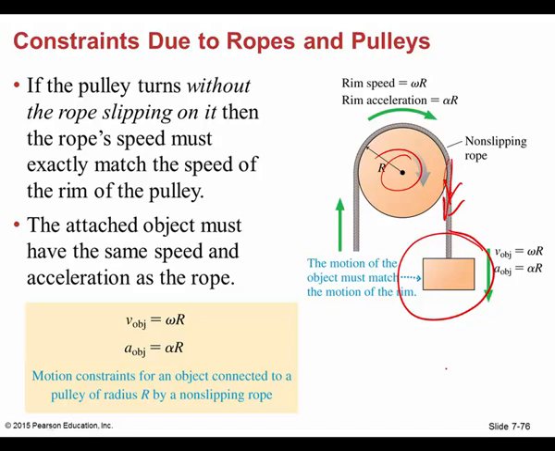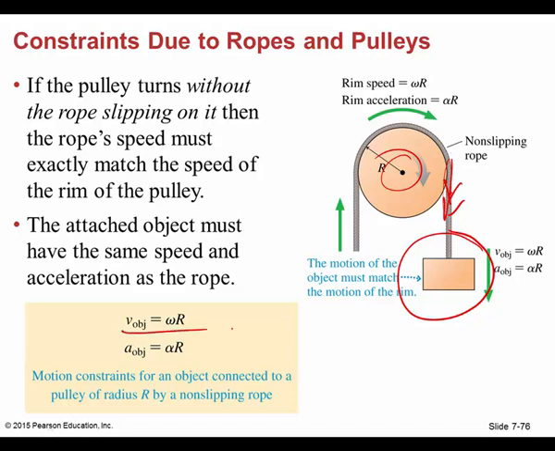And notice it's either moving up or down, so in a sense it's linear, even though it's being produced about a rotational axis. You say, why can't we use the linear equations? Because it's not on a flat surface. It's an object rotating about an axis.